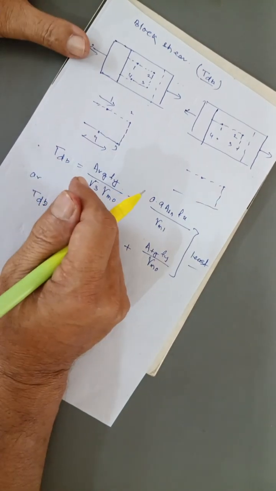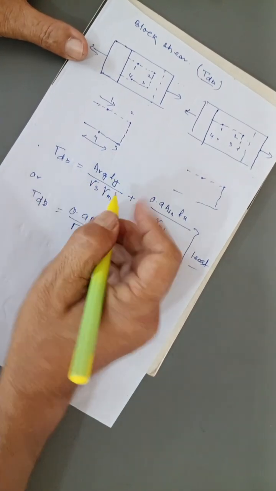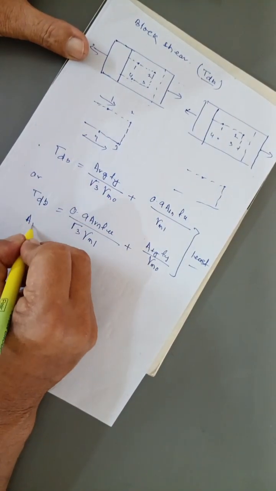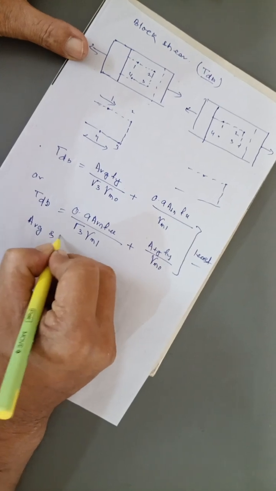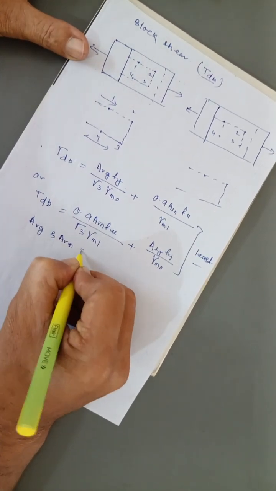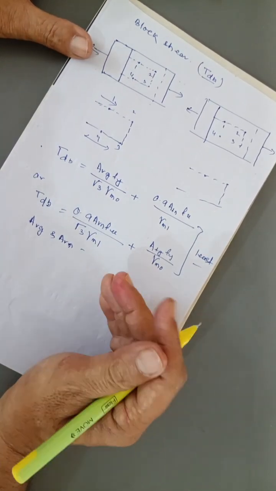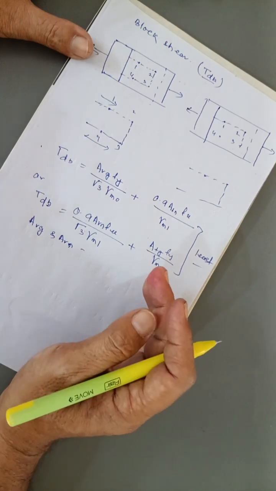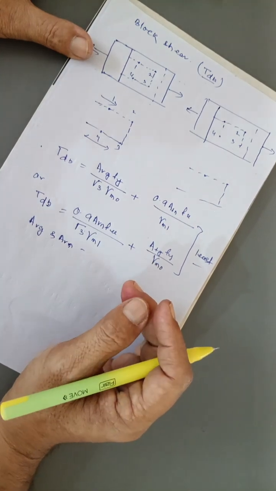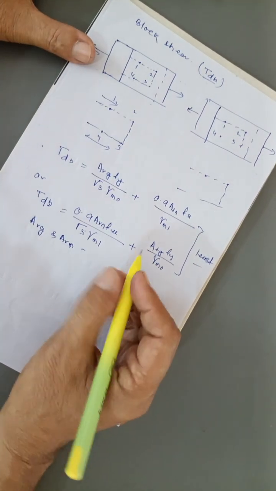So what are AVG and AVN? AVG and AVN are the minimum gross and net area in shear.